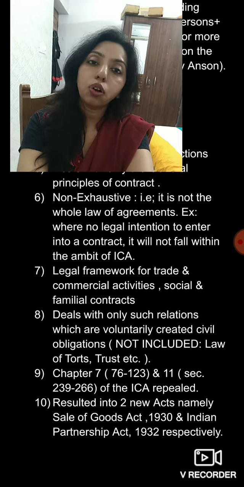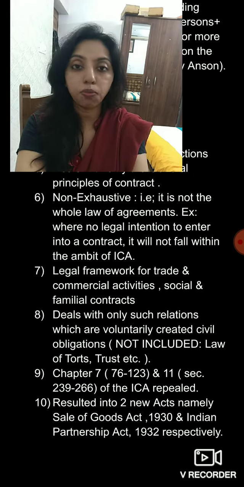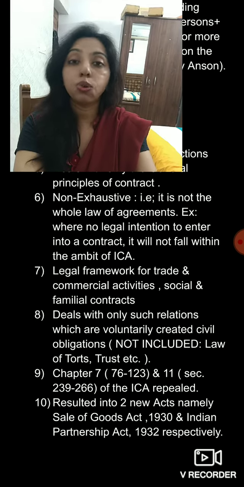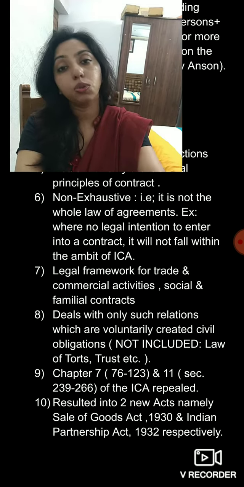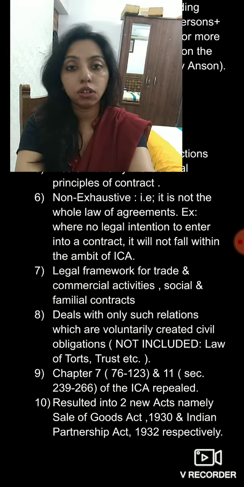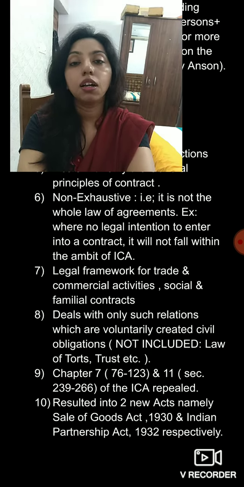Now, law of torts means, for example, suppose there is a wrongful act on my part, suppose I create a nuisance to my neighbors. So the neighbors would be entitled to get the damages for the nuisance that I created. In that case, this is a civil wrong where the damages are unliquidated, they are not predetermined.